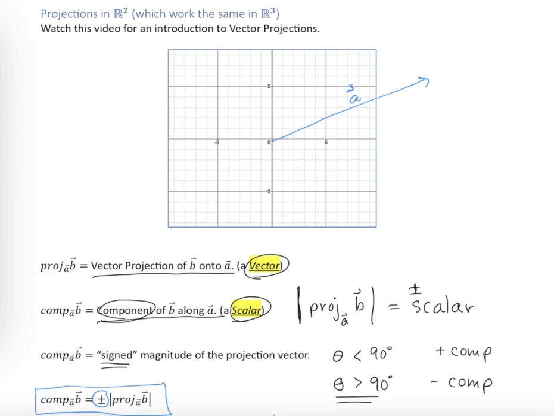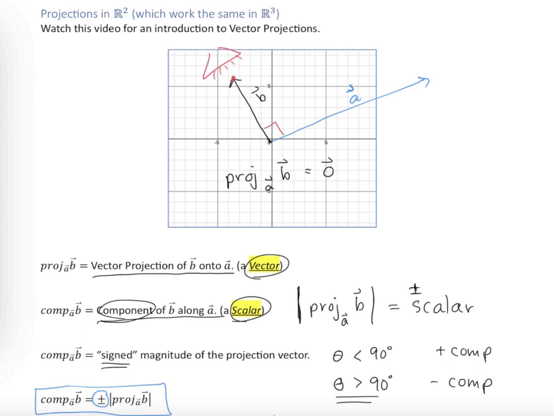So coming back up here to our drawing, if the two vectors are perpendicular to each other and we were to shine a light down onto the tip of B so that it casts the shadow down onto A, if they're perpendicular, there isn't going to be a shadow, so there isn't going to be a projection vector. Well, I guess we should say that the projection of B onto A is just the 0 vector.